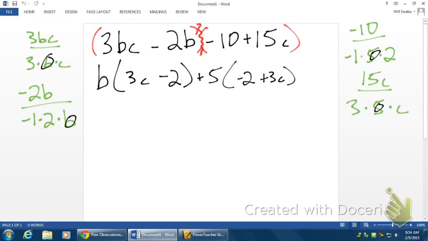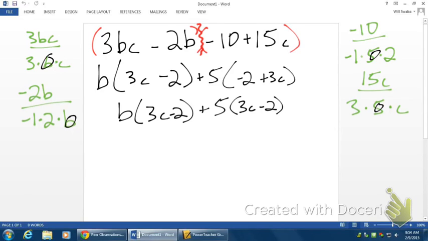Now, why does this look a little bit different? Because the negative 2 and the 3C are just flipped. Well, what do you need to do? Flip them in order. Just keep the sign, so positive 3C and a minus 2 times 5. And on this left side, I got B times 3C minus 2.